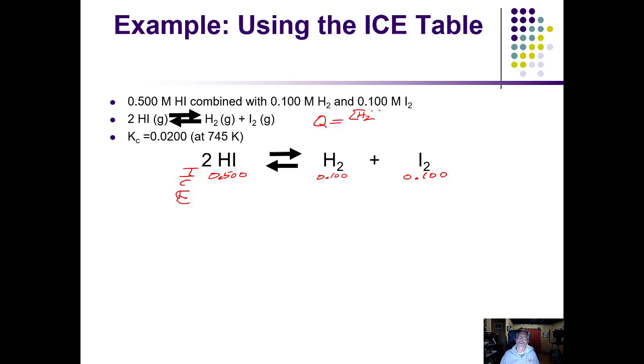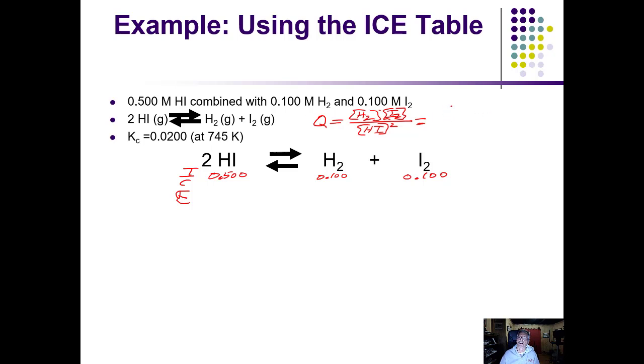We've got H2 times I2, and we're going to divide that by HI squared. Okay, so let's just go ahead and do that calculation and compare the Q to K and see which way the reaction goes.